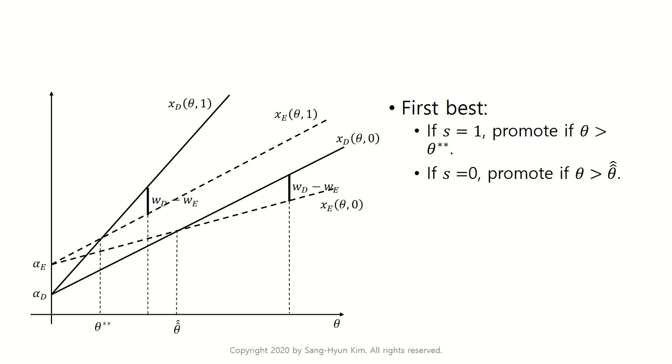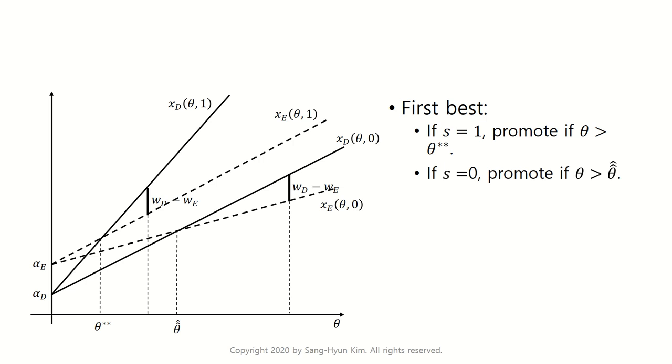Because theta double star and theta double hat are the points where these two lines cross each other, right? At theta double star, XD and XE cross each other, and at theta double hat, again, XD and XE cross each other.